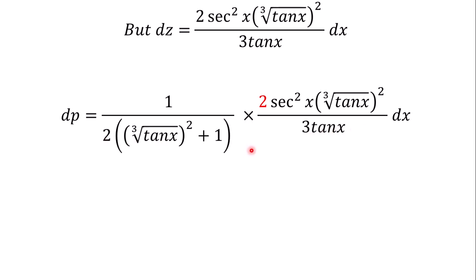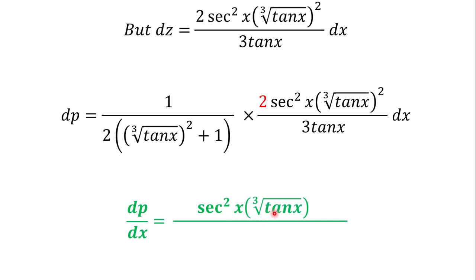And that will give us secant x squared times cube root of tangent x to the power 2 divided by 3 tangent x multiplied by cube root of tangent x to the power 2 plus 1. So dp over dx is equal to secant x squared times tangent x raised to the power 2 divided by 3 tangent x times cube root of tangent x raised to the power 2 plus 1.